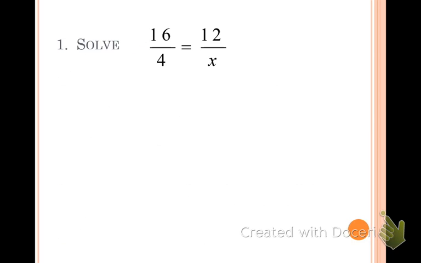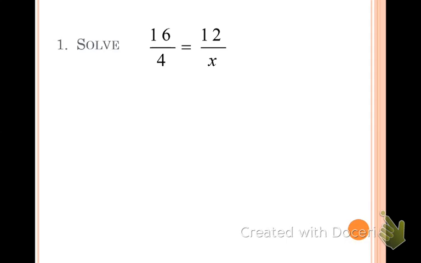All right. Proportions. How do you solve proportions? So in this first one here, 16 over 4 equals 12 over x. That is telling us those two ratios are the same. 16 over 4 and 12 over whatever x is, those are two ratios that are the exact same. They have the exact same value. We just got to figure out what x is. Okay?